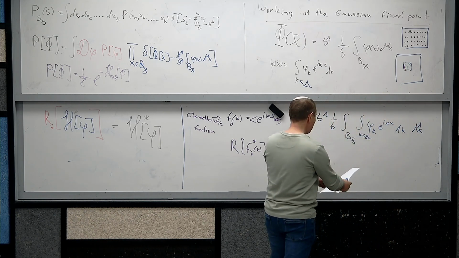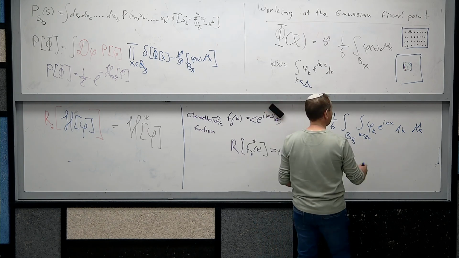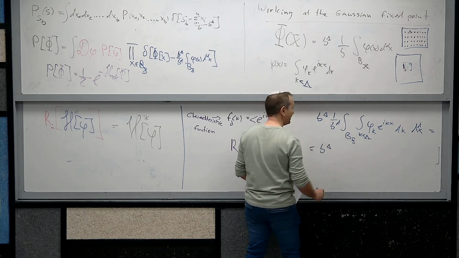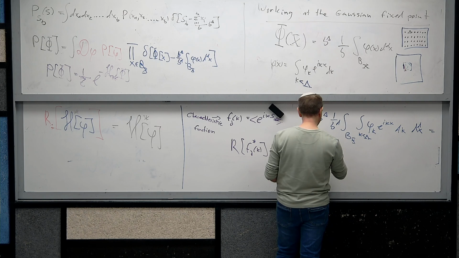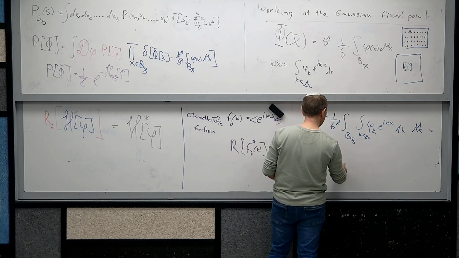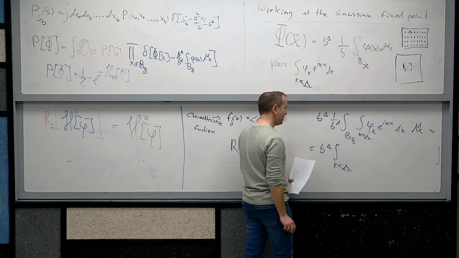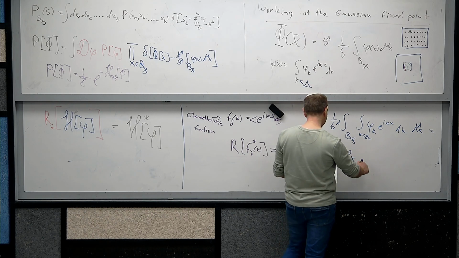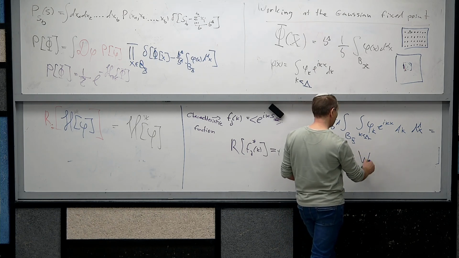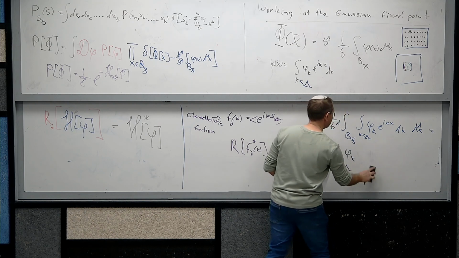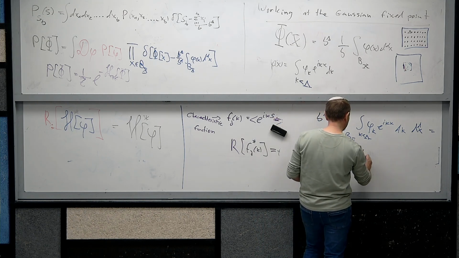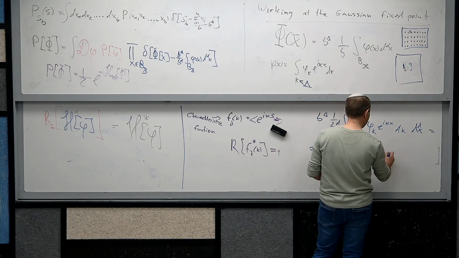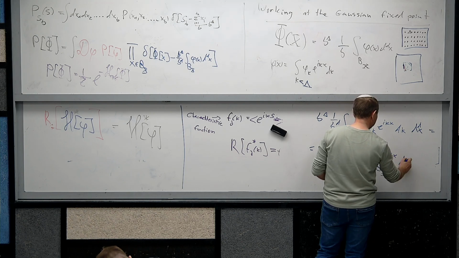I have b to the delta, the integral of phi of k over k smaller than large lambda, and what I have inside, I can write down as an integral: 1 over b to the d, an integral around this point x of e to the ikx dx.